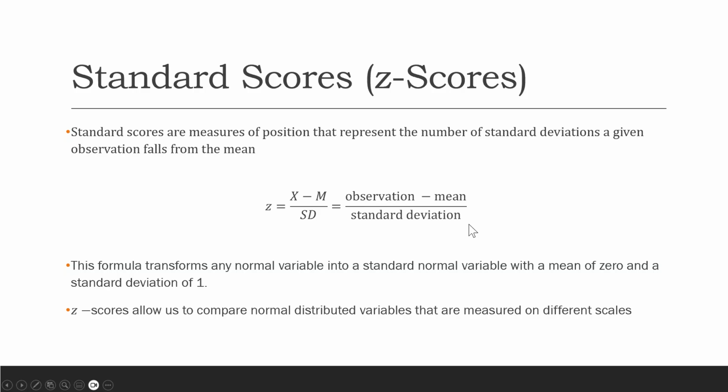What I really want you to know right now is that these z-scores allow us to compare variables that may be measured on different scales. I'm using these terms normal distribution, standard normal, and normally distributed variables a little prematurely here. And so let's look at an example for what I want you to know at this point in relation to z-scores.